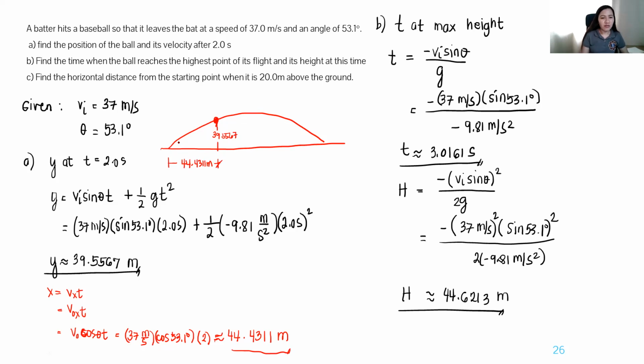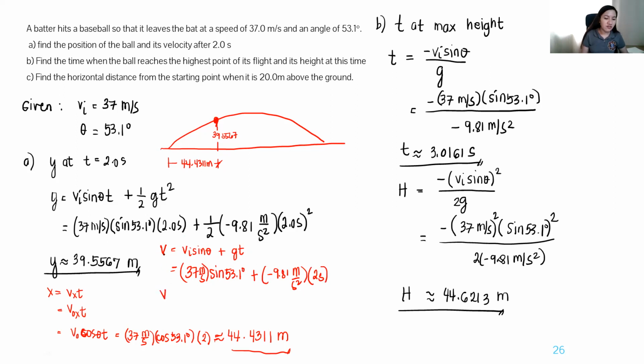And then we have the velocity. So for the velocity, v is equal to vi sine theta plus gt. This is for the vertical component. So vf is equal to vi plus gt. So this is 37 meters per second sine of 53.1 degrees plus negative 9.81 meters per second squared times 2 seconds.